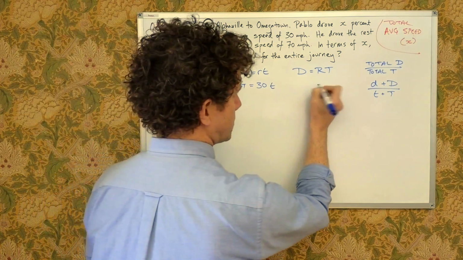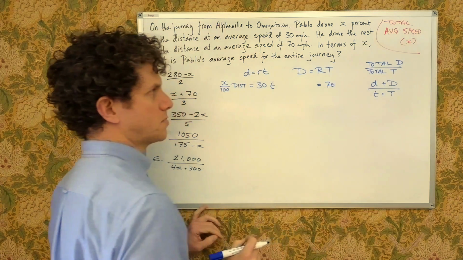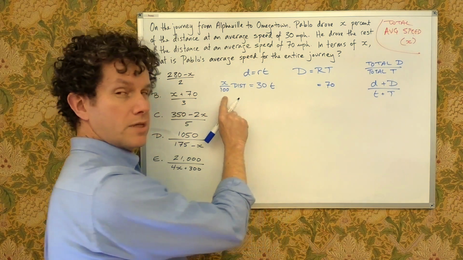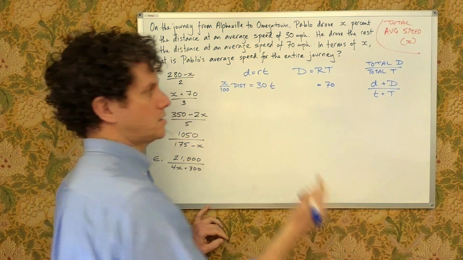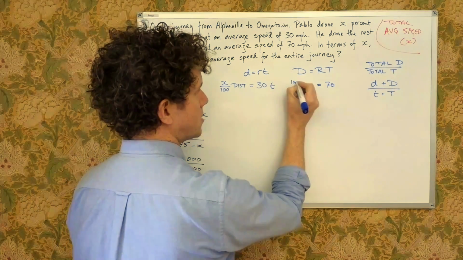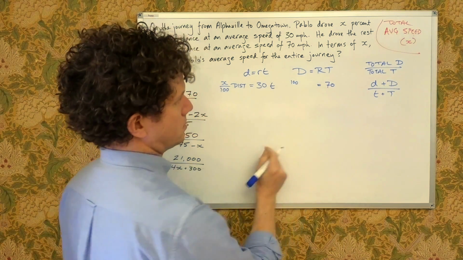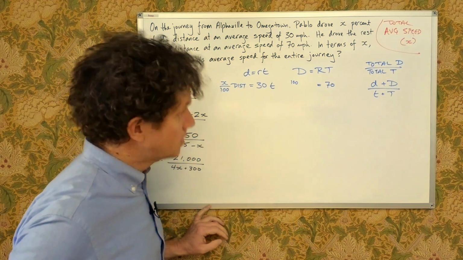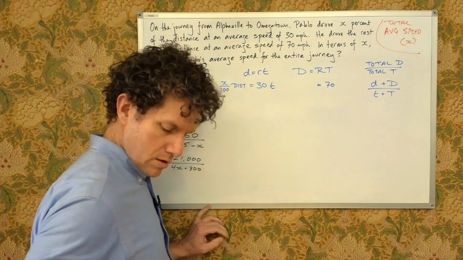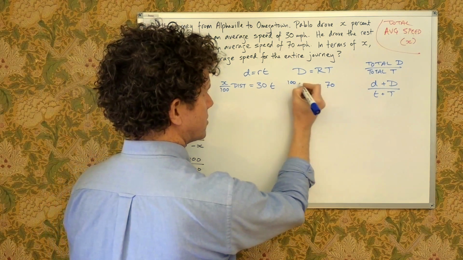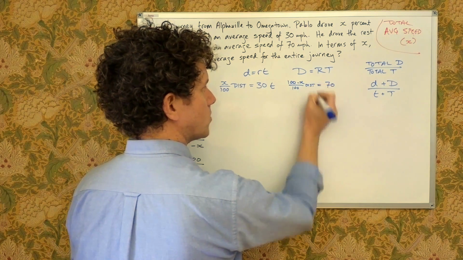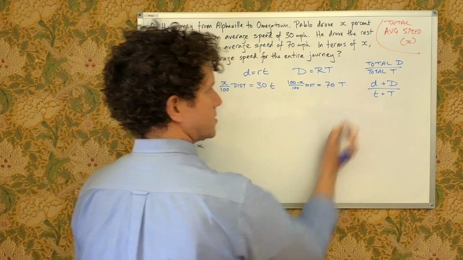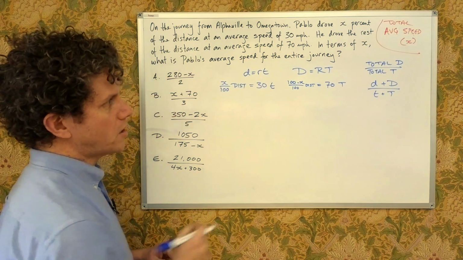Over here, again, we know our rate, 70 miles per hour, and our distance, we can consider that whatever didn't get done at 30 is getting done at 70. So that's 100, let me give myself space. That's the rest of the percentage, 100 minus x over 100, multiplied by that total distance, and some time we don't yet know.